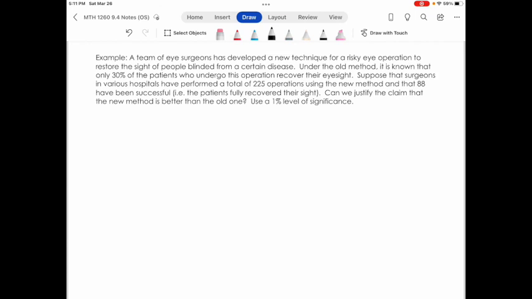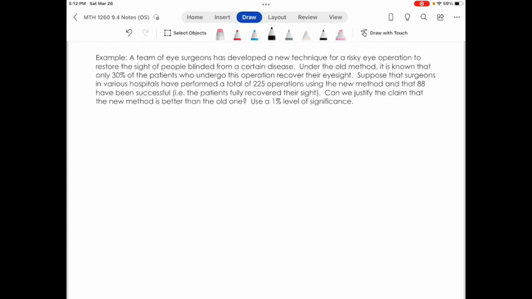Suppose that surgeons in various hospitals have performed a total of 225 operations using this new method, and out of that 225, 88 have been successful, meaning they fully recovered their eyesight. Can we justify the claim that the new method is better than the old one, and we're going to use a 1% level of significance again?